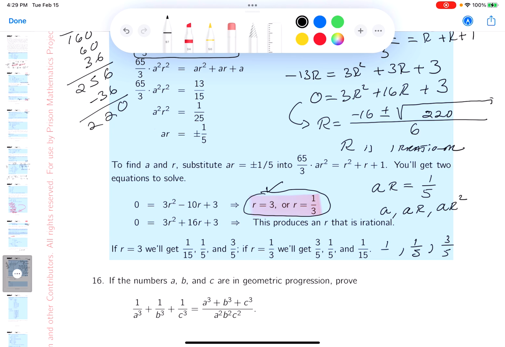It would be 1/15. That's if the R is 3. Let's say the R is 1/3. The middle term is going to be that. What do you get? 1/15 down here, and 3/5 over here. Again, if you multiply by 1/3, 1/3 times 3/5 is 1/5. 1/3 times 1/5 is 1/15.